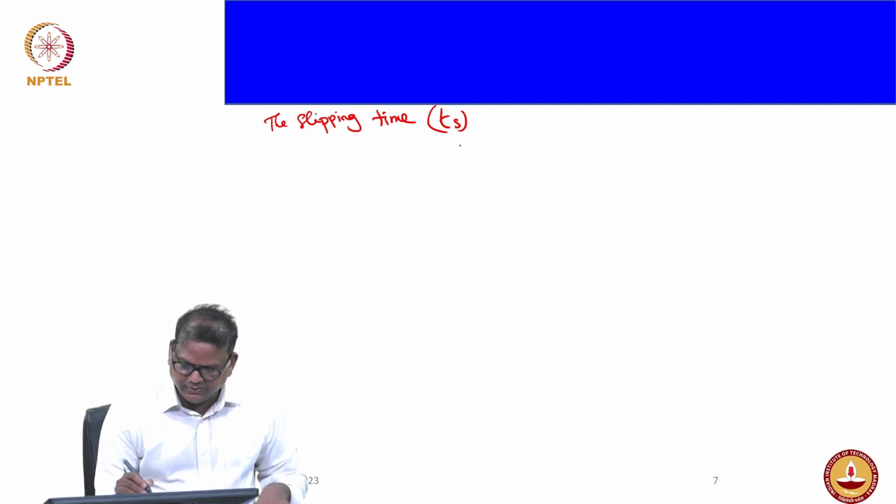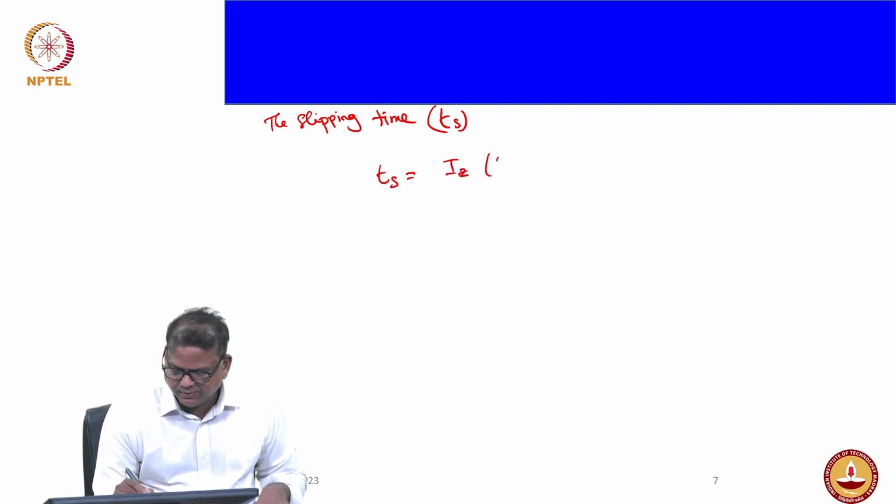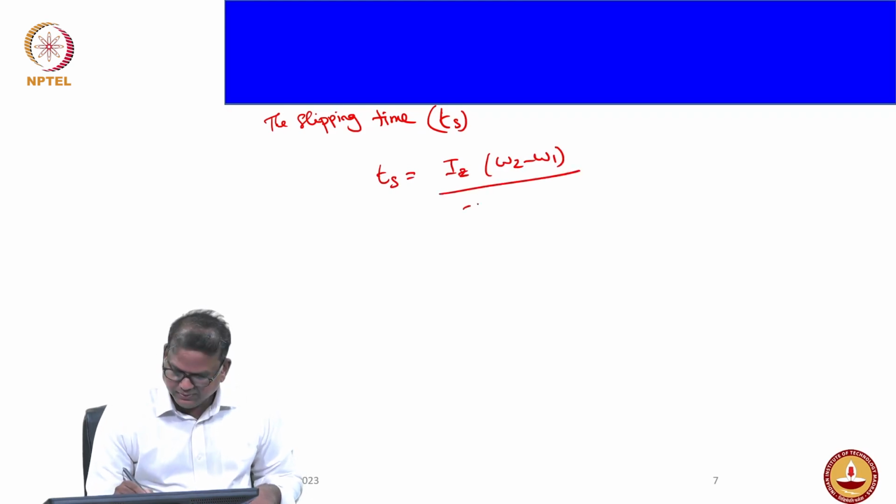That is defined as Ts equal to Iz, omega 2 minus omega 1 by the torque T minus Tn.